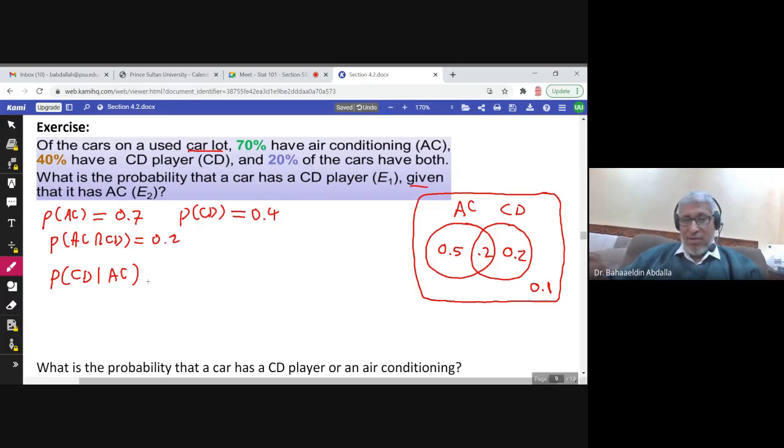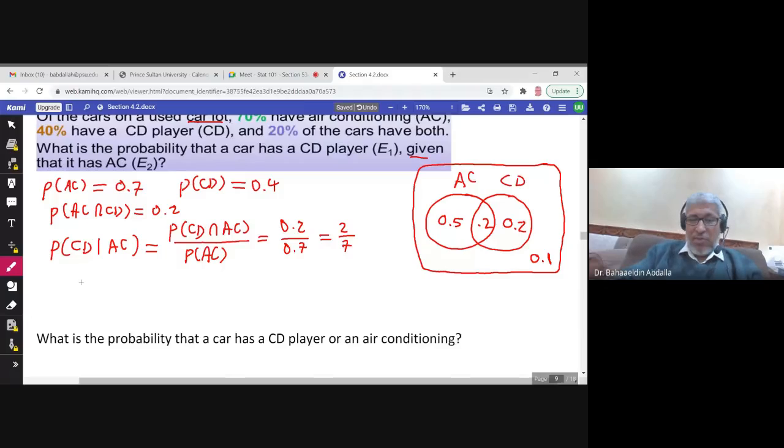This is a conditional probability, and I can use the formula. It says the probability of CD intersection AC over the probability of AC. That's the definition. The intersection is 0.2 and the probability of AC is 0.7. So the answer is 2 over 7.